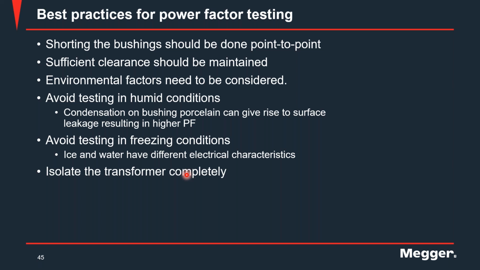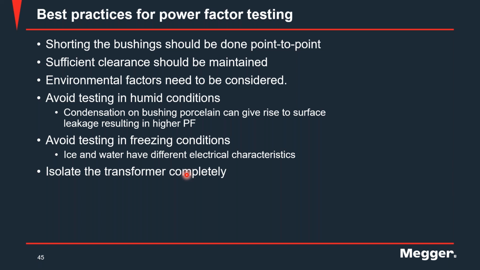The instrument measures these currents from the ground lead, and it's unable to differentiate between the surface leakage currents and the current which is actually flowing through the insulation. So you end up getting a higher power factor value than what you should be getting. That's why it's essential to test in dry environments.